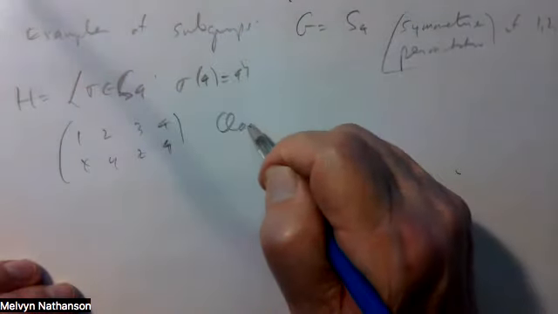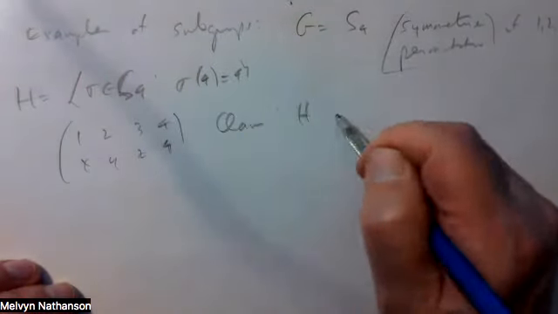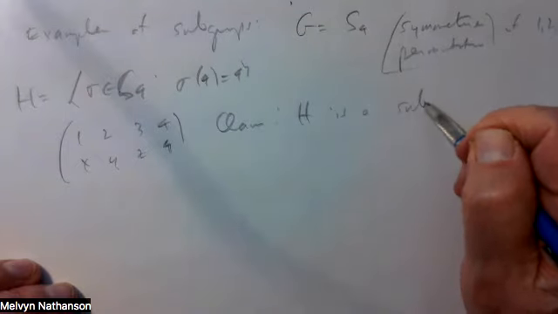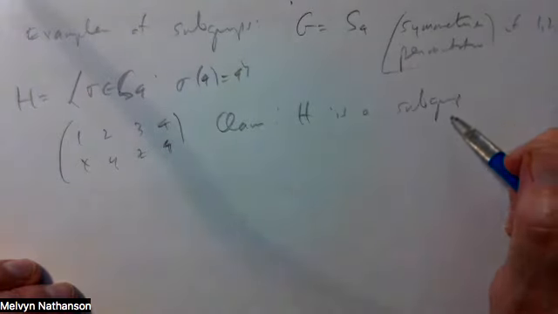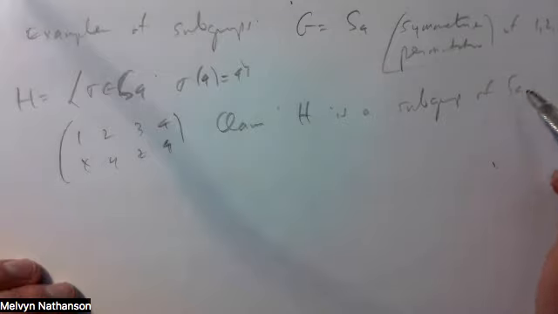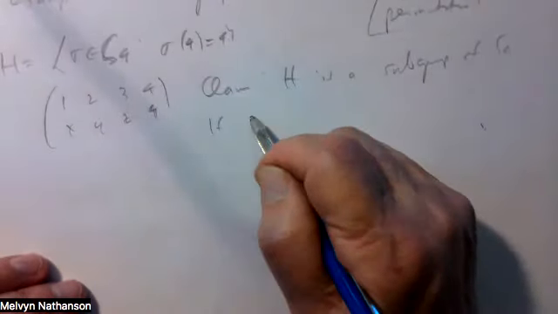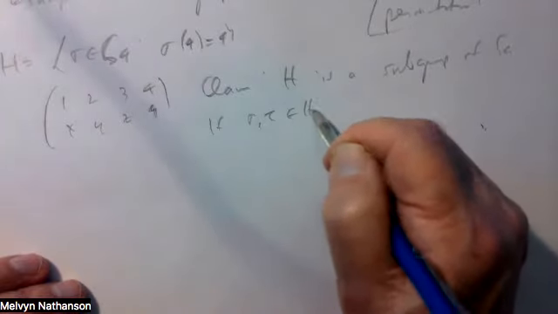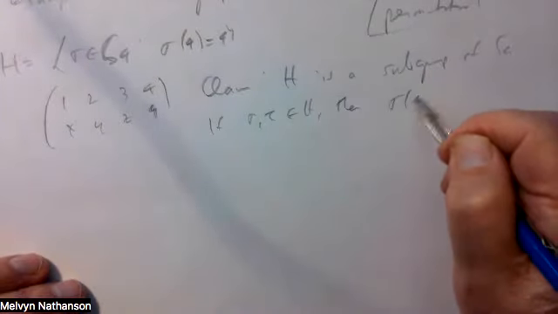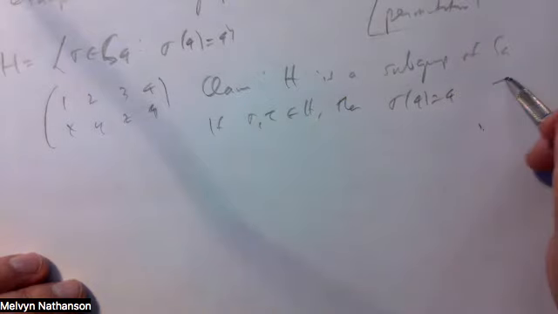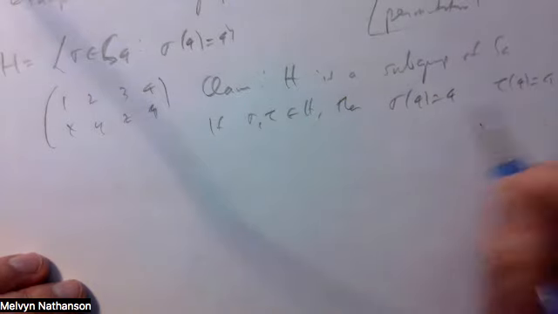I claim H is a subgroup. So if sigma and tau are in H, that means sigma of 4 equals 4, and tau of 4 equals 4.